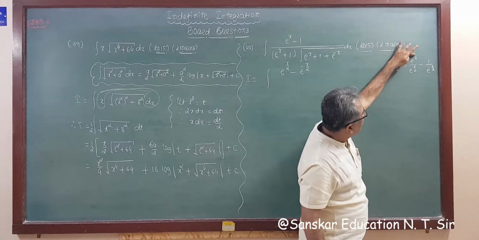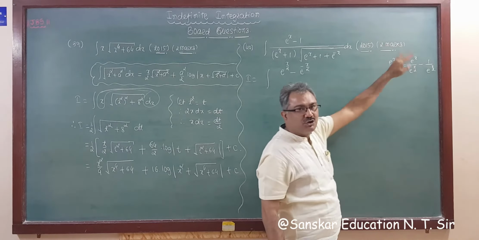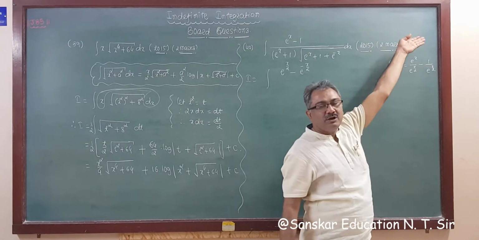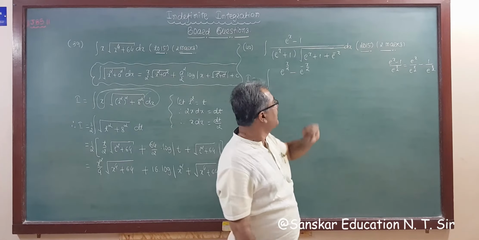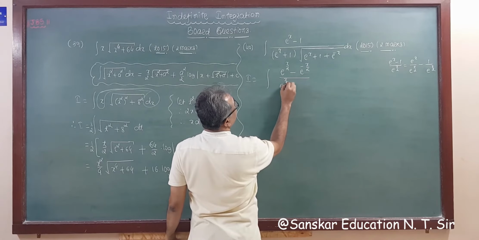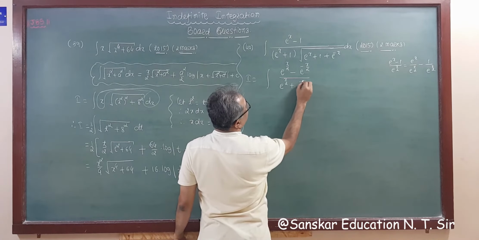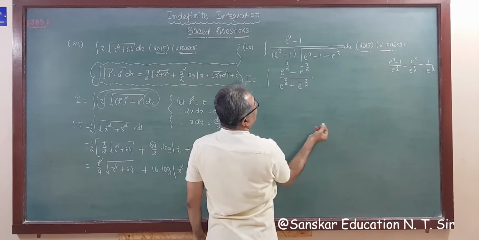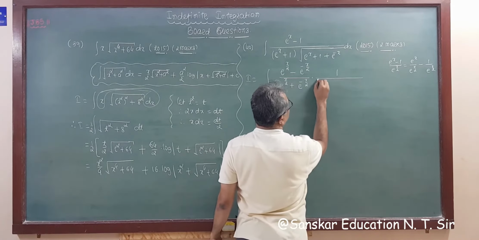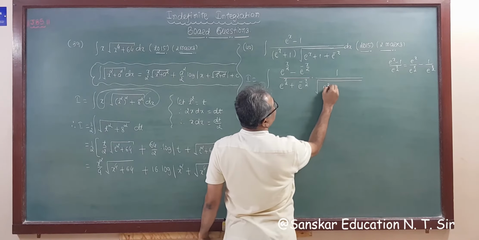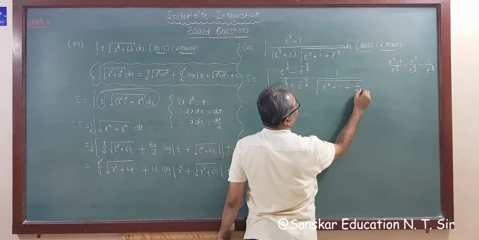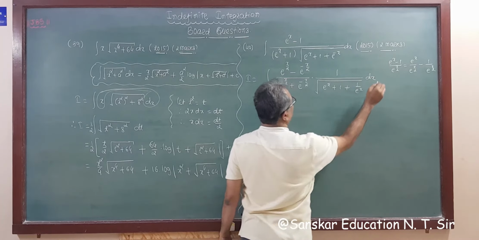So if we subtract the power, 1 minus 1 upon 2 is 1 upon 2. So I am writing 1 upon 2, and 1 upon e raised to, if we take it in the numerator, this becomes a negative power. So this is minus. Similarly here, this is e raised to x by 2 plus e raised to minus x by 2, right? Into 1 upon, I am writing this square root separately. This is e raised to x plus 1 plus e raised to minus x, that is 1 upon e raised to x, and dx.